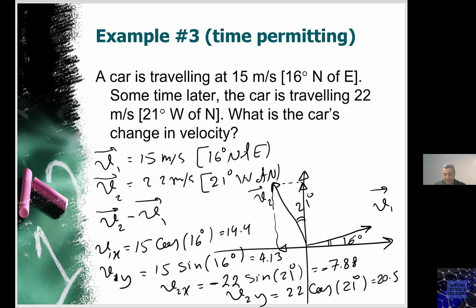20.5. So I want you to give me those numbers. So now let me call this V tot x, which is V2x minus V1x. What is V2x?